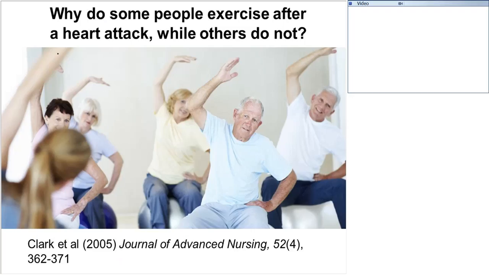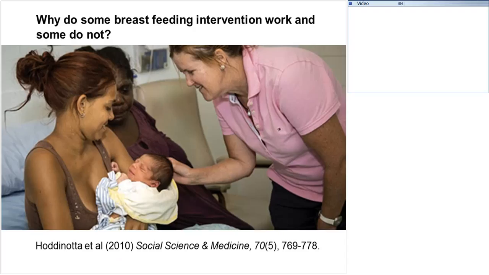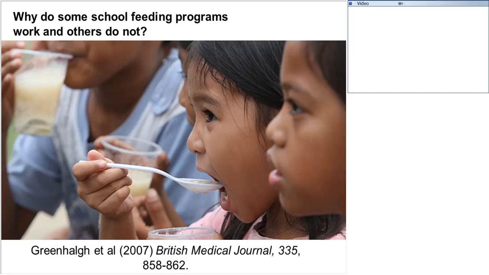This realist evaluation approach has been used to identify why some breastfeeding interventions work and why also others do not, or why some school feeding programs work and others do not. Recognizing and acknowledging that social setting is one of the most important things here, not necessarily the inherent nature of the intervention in and of itself.